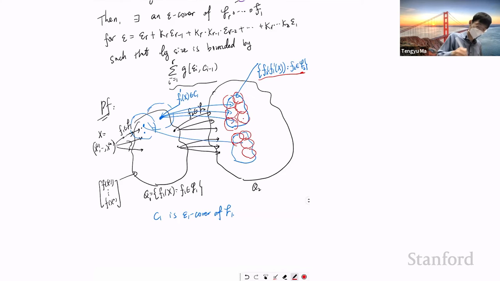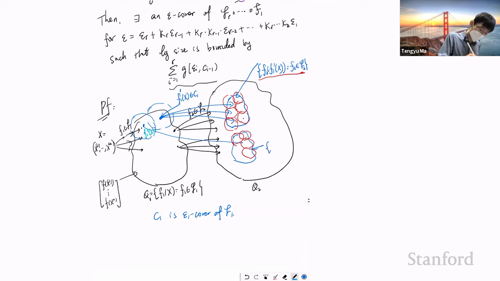For example, suppose you have, let's say, F1 prime x here, right? Then maybe I should use a consistent color. Let's say you have F1 prime x, and this is mapped to this set of points.